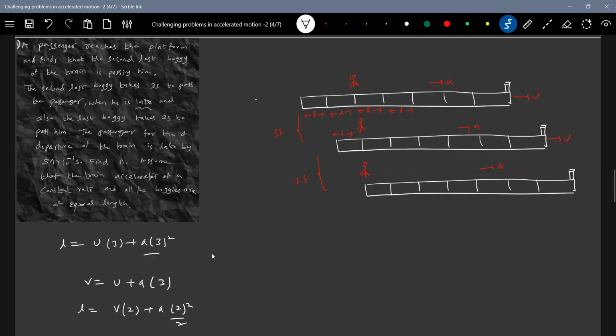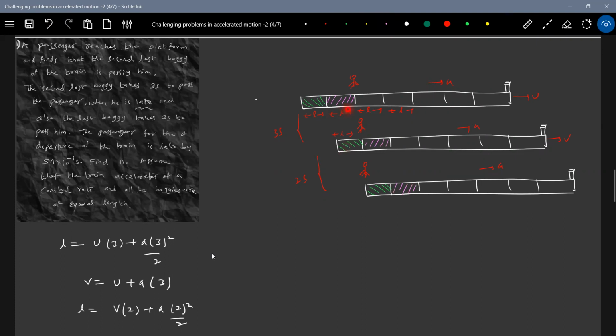Okay, what are these equations? Look at this bogie. I will color it. Now look at this one.